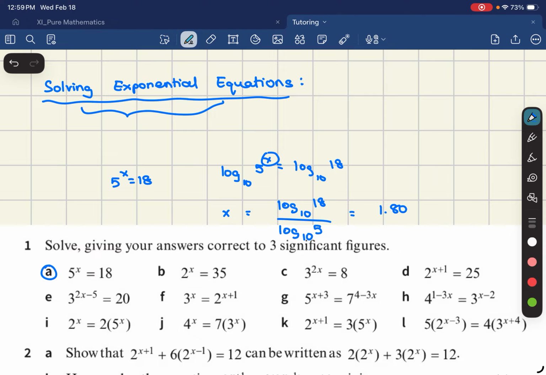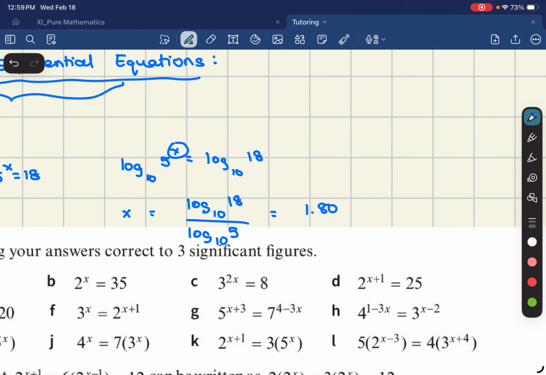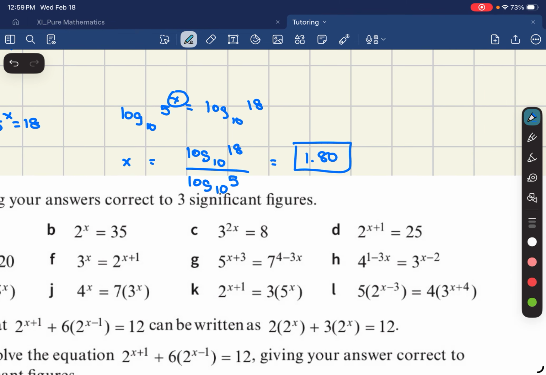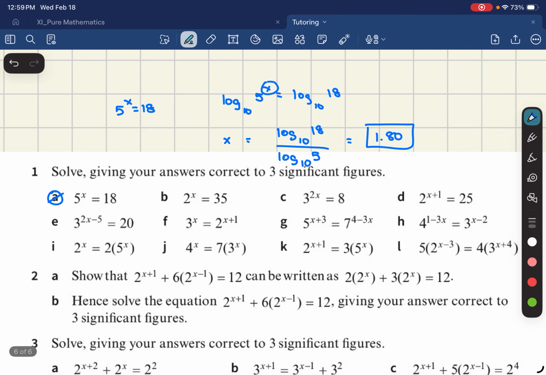I don't really remember, but I think it should be 1.80 to 3 significant figures, or it could be 1.79. But let's keep it as 1.80. So the answer was 1.795. You can ask your teacher how to give it to the correct number of significant figures. This should be right from how I understand it, but again, always good to double check.